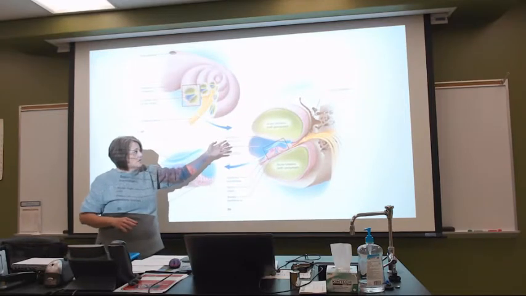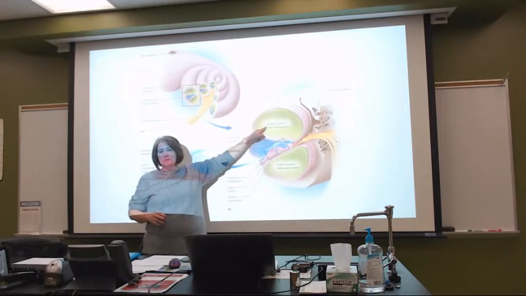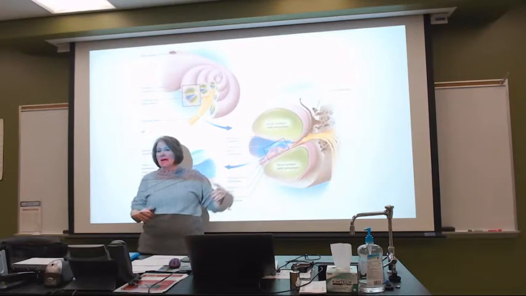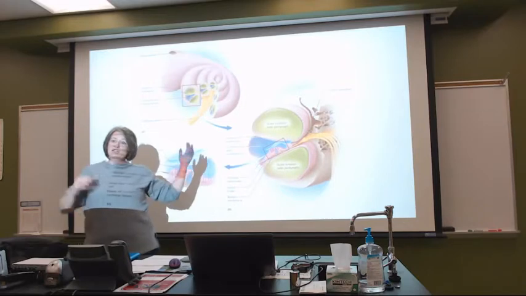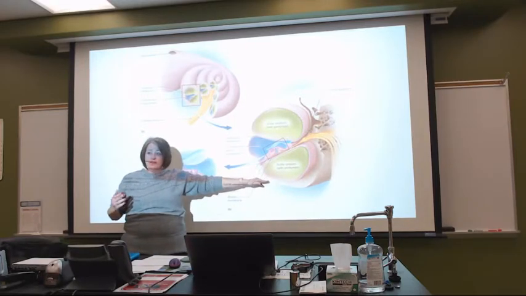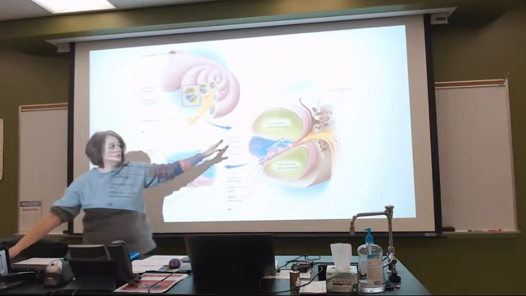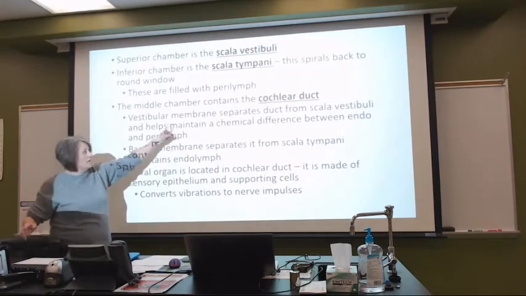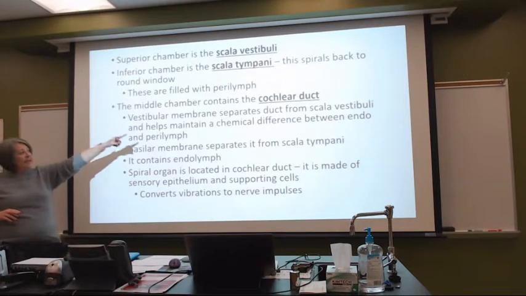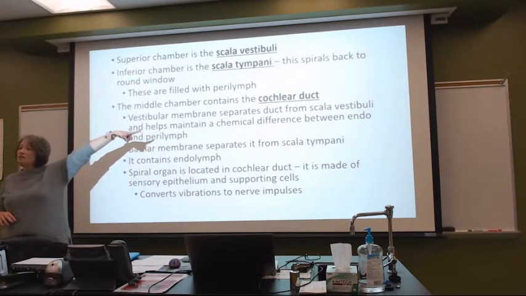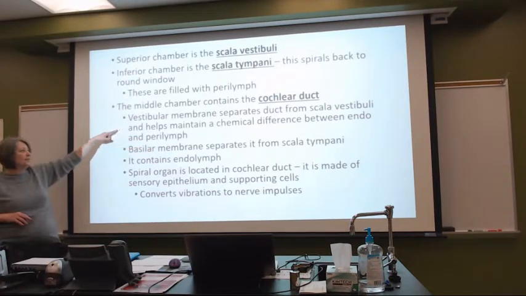And they gave them names. Scala, I think about a scale for music, okay? So they've got one that's upper, one that's lower, and then we, of course, got the middle chamber, which is going to have our endolymph and the cochlear duct that's present.